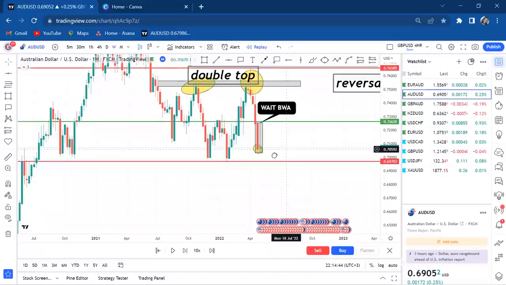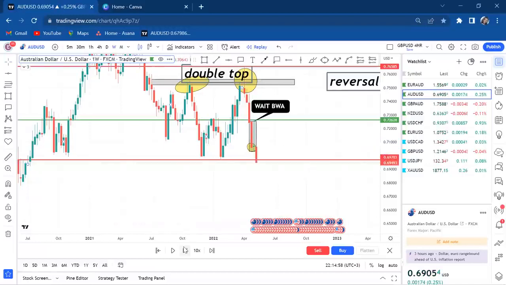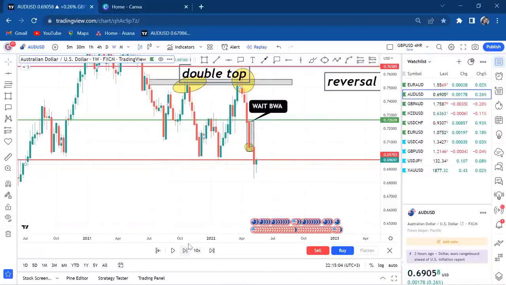So what we need to do in this case is wait for the neckline to be broken. And because the double top is on the weekly, you will wait with the weekly candle.